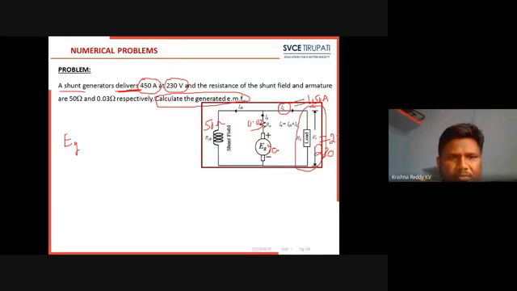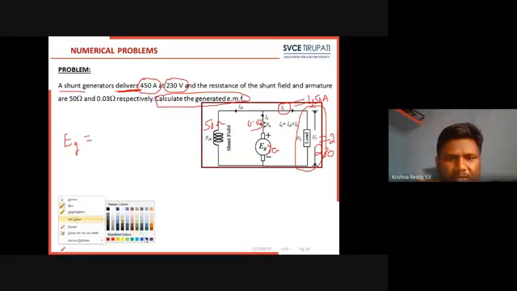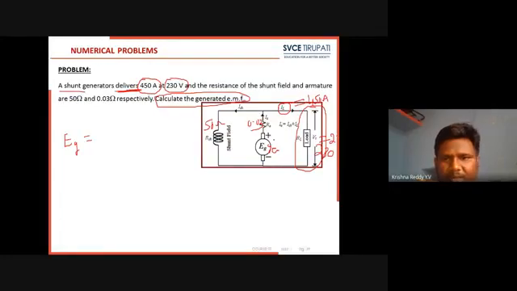Eg is equal to... By applying KVL to this loop, tell me the induced EMF equation or generated EMF equation. Current enters here and leaves here.